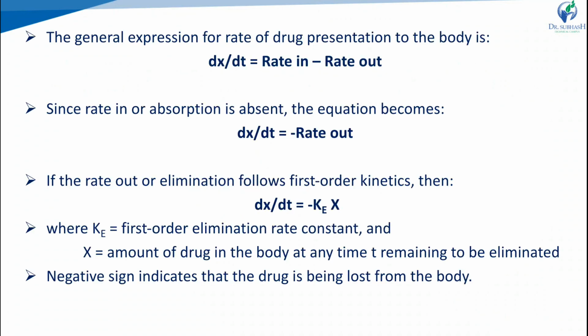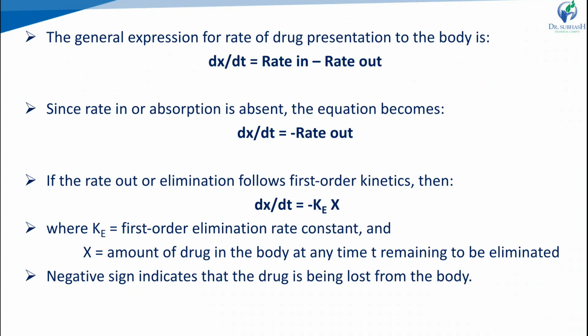The general equation representing the rate of drug in the body is dx by dt equals rate in minus rate out. It means availability or absorption minus elimination.